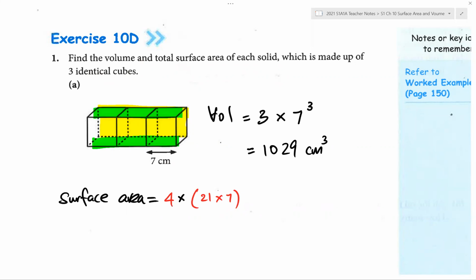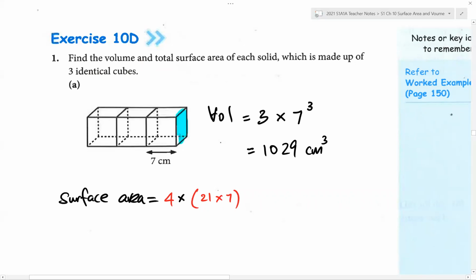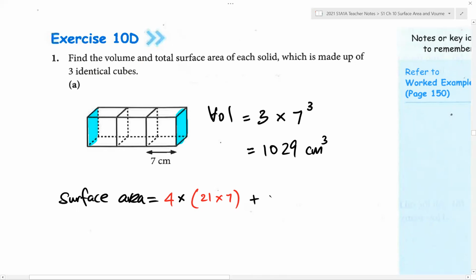But is that all? Is that all the surfaces that I can touch? The two sides, right? What are the 2 areas at the ends? What shape is that? It's a square. You see the same one over here? Those 2 squares. I need to add an area of 2 more squares. So let's do that. Plus 2 more squares, and each square is simply 7 squared. 7 times 7, we write it as 7 squared.